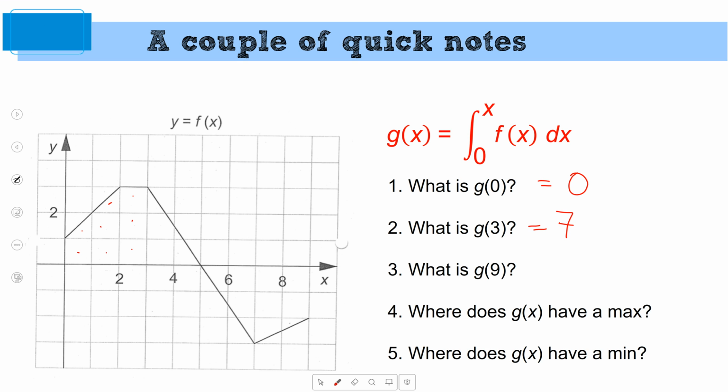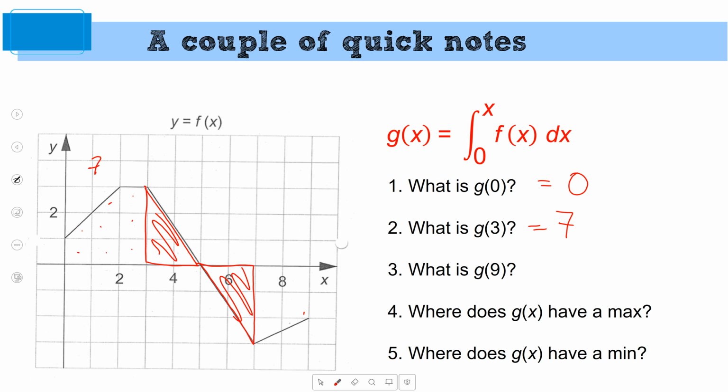Good. And answering these questions, you can be a little bit sneaky with it and save yourselves a lot of hassles. So notice that this triangle is the same as that triangle. Therefore, I don't need to worry about either one of them because they cancel each other out. So we're at 7 up to here because we did g of 3. And then we've got this guy over here.